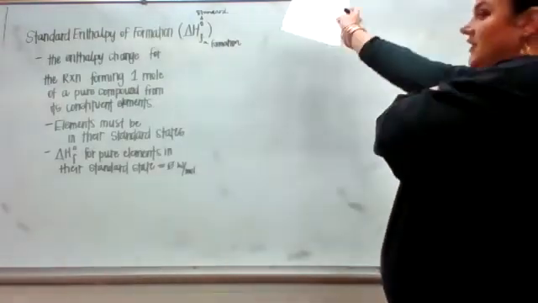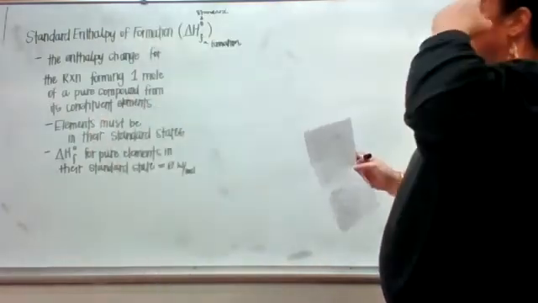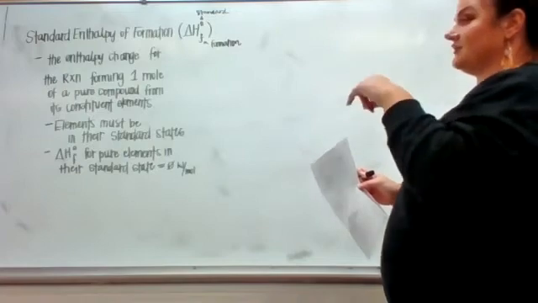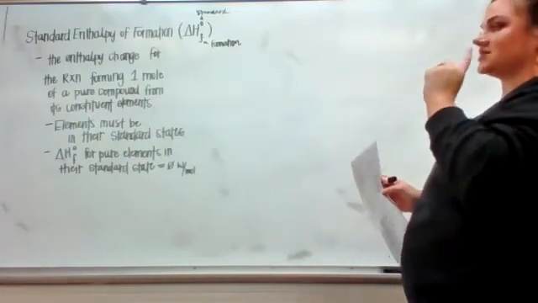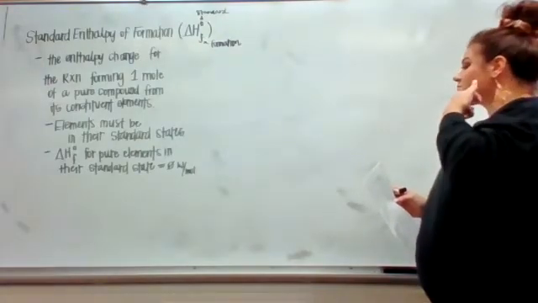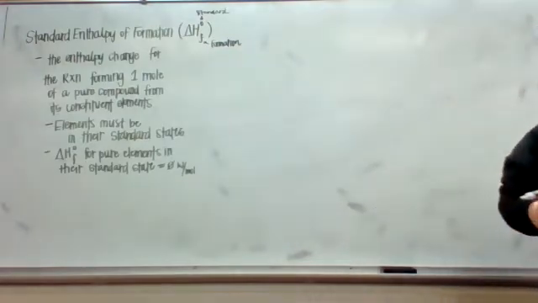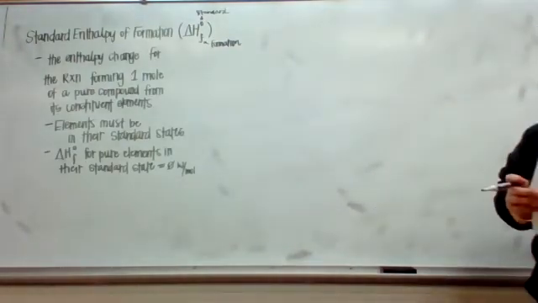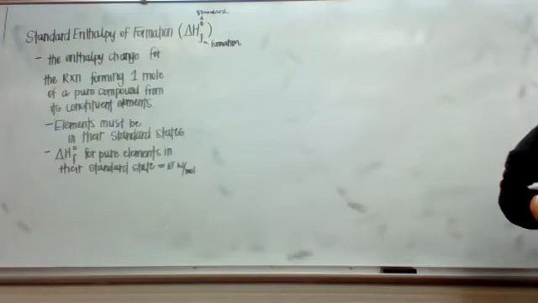All right, so the standard enthalpy of formation is the enthalpy change for the reaction that forms 1 mole of a pure compound from its constituent elements. So, elements have to be in their standard states, which I'm about to define. And the delta H of formation for pure elements in their standard state is 0.